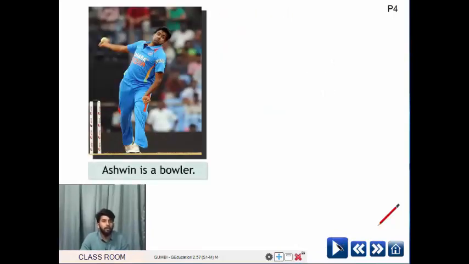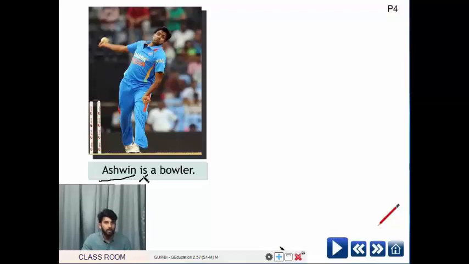Ashwin is a bowler. What sentence is it? Again, there is one subject and one verb here. Is is also a verb. When there is no main verb, then these auxiliary verbs act as a main verb.